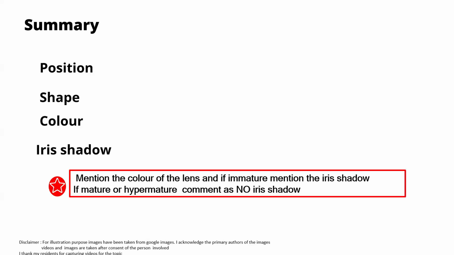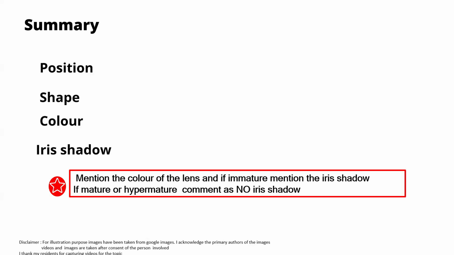And again, mention the color of the lens, and if immature, mention that the iris shadow is present. Again, if it's mature and hypermature, please comment iris shadow absent or no iris shadow, because that is one of the differentiating features between an immature stage and the mature or hypermature stage. Unless the position or shape is abnormal, don't mention it.